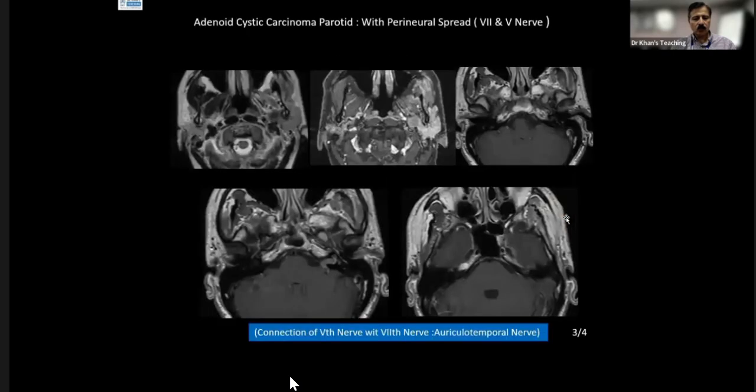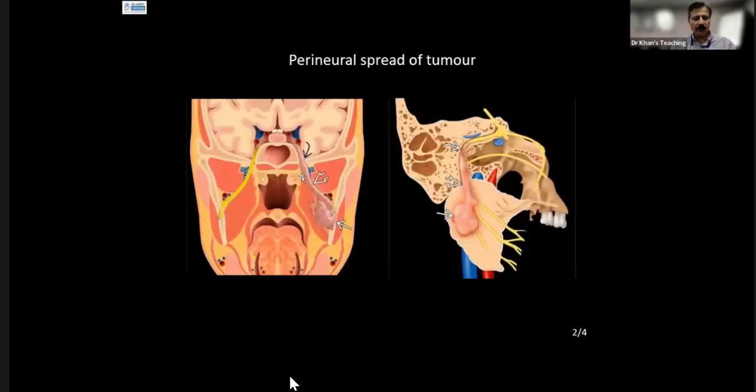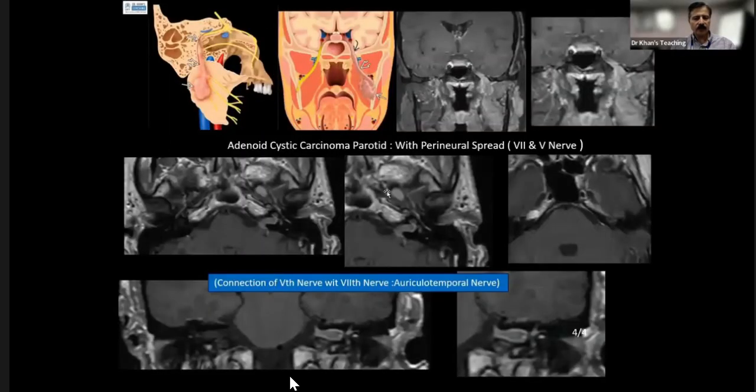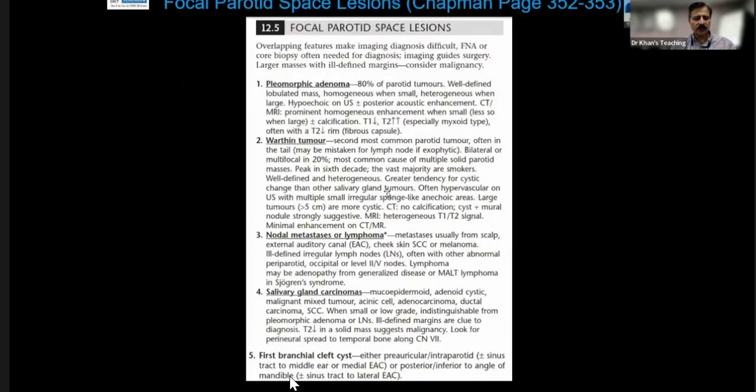So there is an example here where this happened. And in our example, there was a connection with the fifth nerve also, and it went to the foramen ovale, perineural spread. We have seen this case previously.